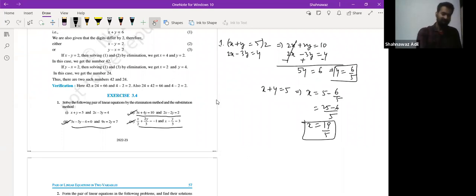So you guys tell me which method you deem more suitable or more comfortable. This is better, sir. This Elimination is better. Yes, I also prefer this method. Because in substitution, you have to find one variable, then put it in the other equation. Yes, so that is hectic. This is simple.